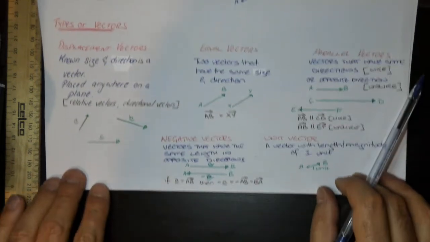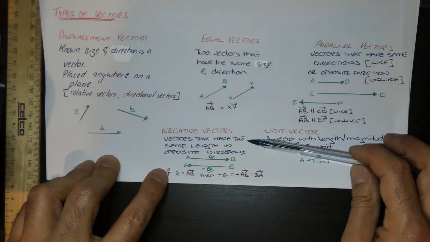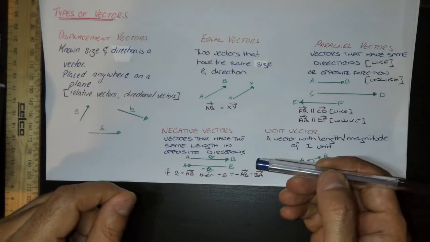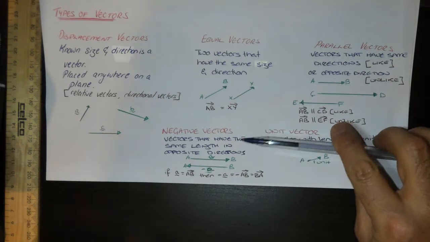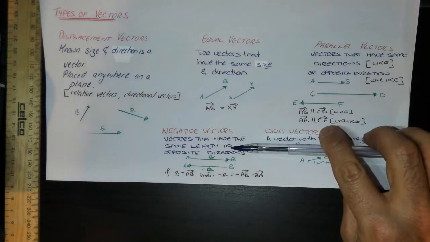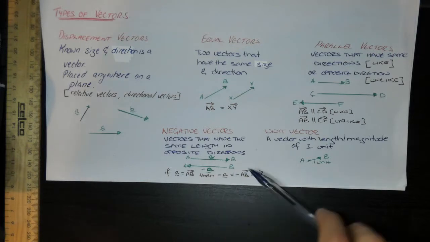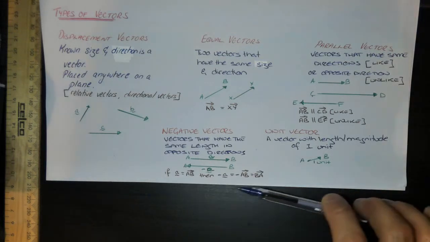You can have negative vectors, so it's like a tug of war. If you have a point and you have the same length on each side, they basically cancel each other out. So negative vectors are vectors that have the same length, but they go in opposite directions. So AB is going to the east, and negative vector A is going to the west.